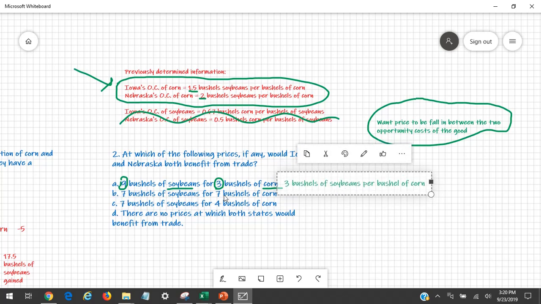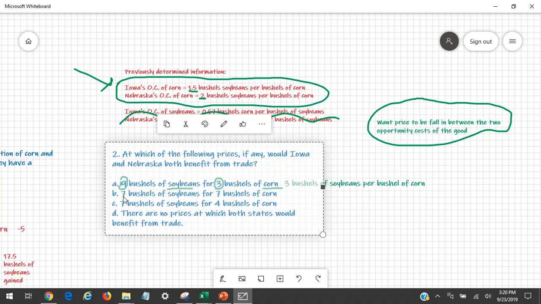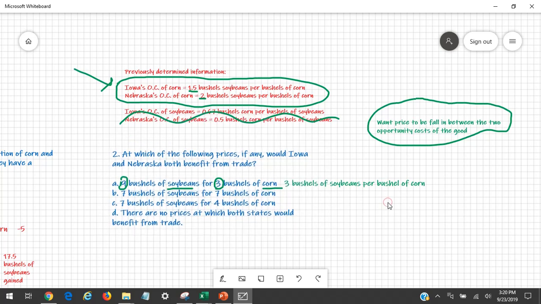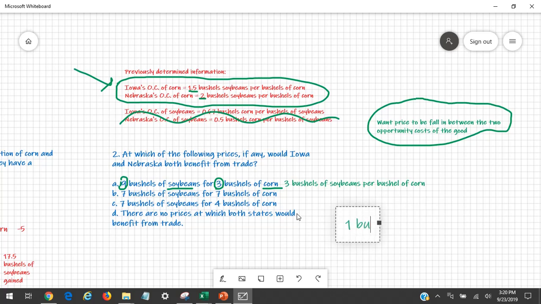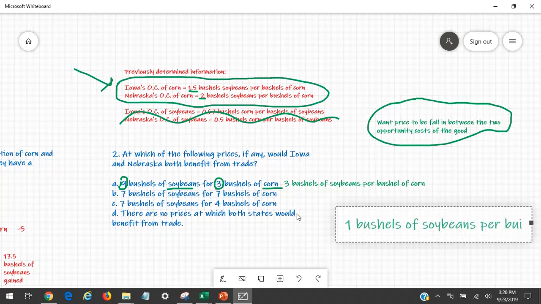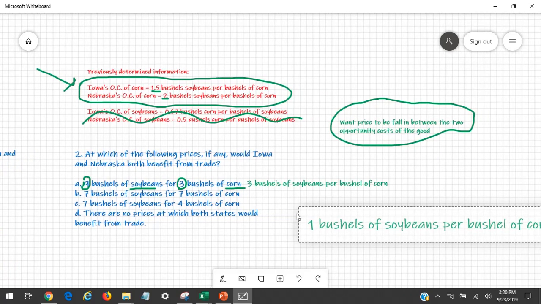Okay, then the next choice is going to be 7 divided by 7, which gives me 1. 7 divided by 7 is 1 bushel of soybeans per bushel of corn.